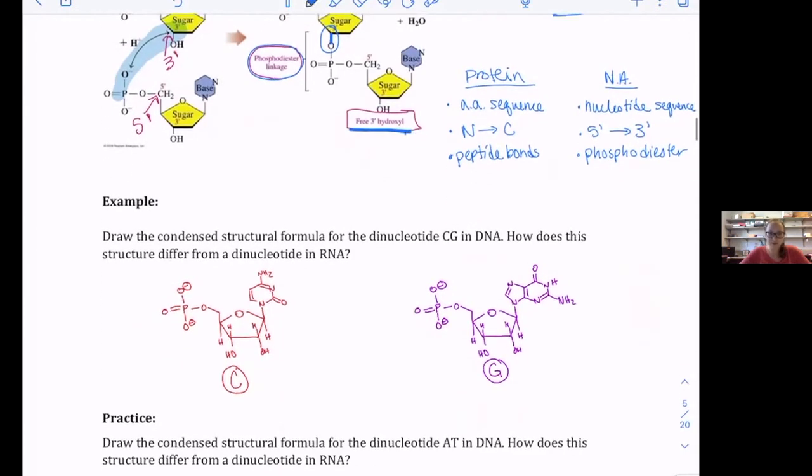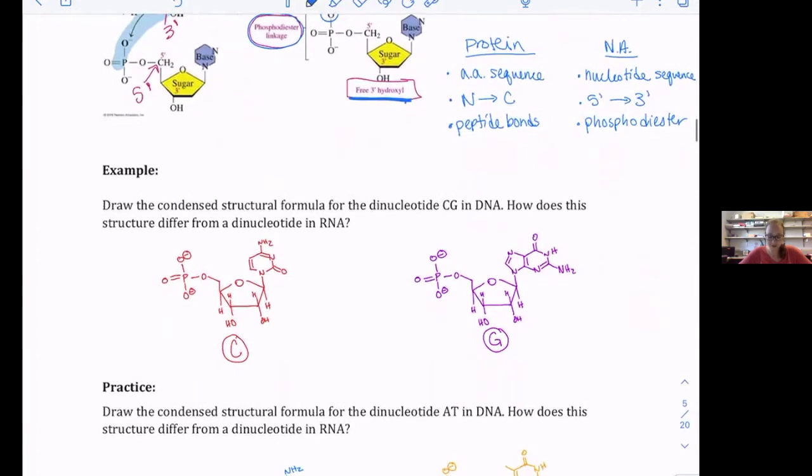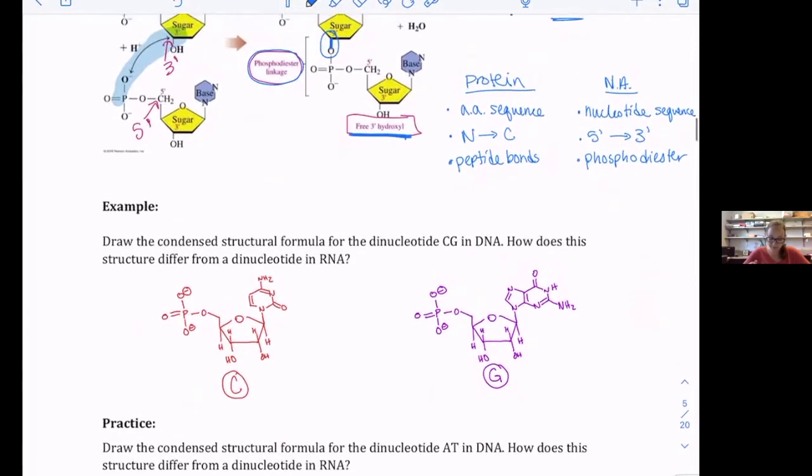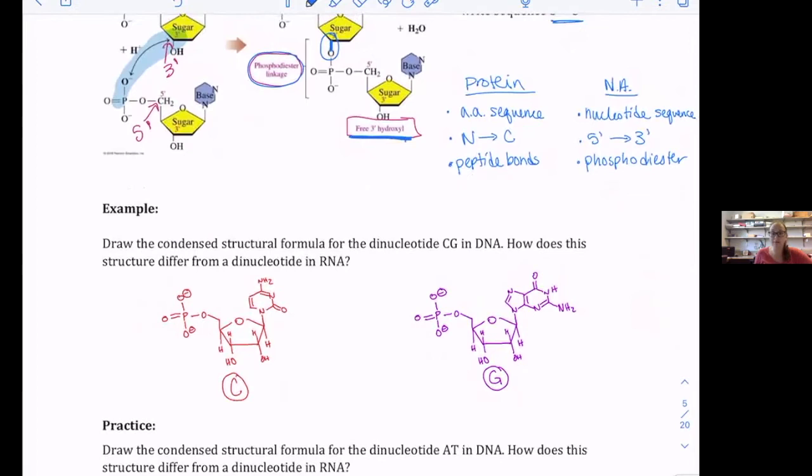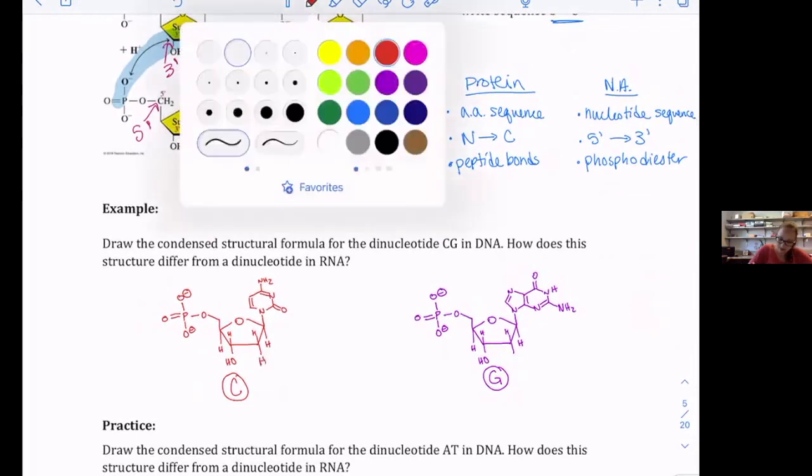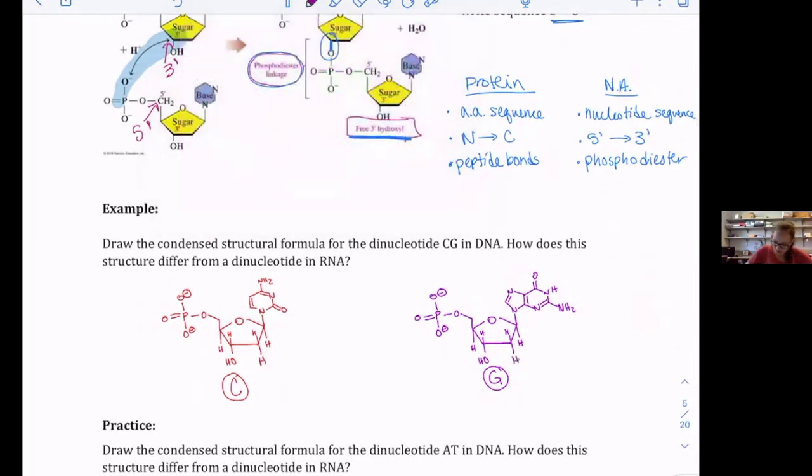So let's do an example of how we put these two together. Draw the condensed structural formula for the dinucleotide CG in DNA. How does the structure differ from the dinucleotide in RNA? Okay. Oh, I even drew this wrong. I went ahead and cheated a little bit because these structures take a while to draw.